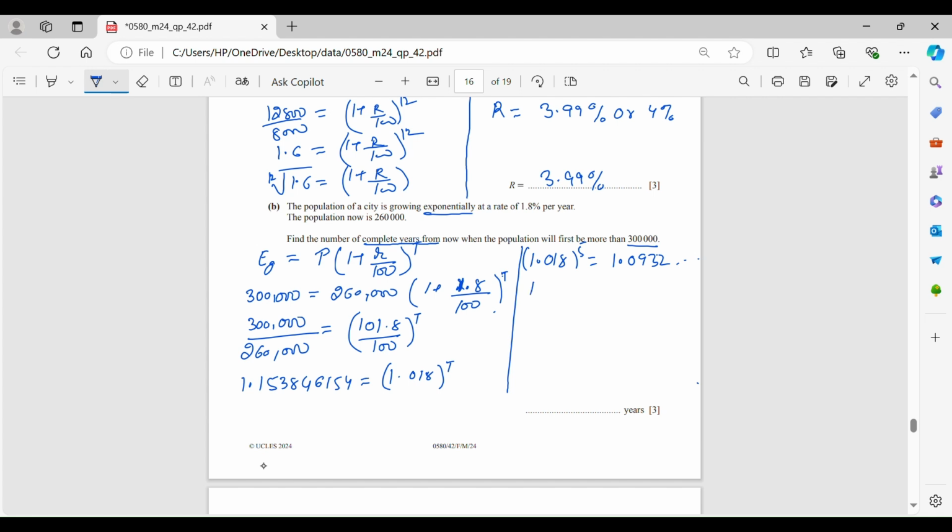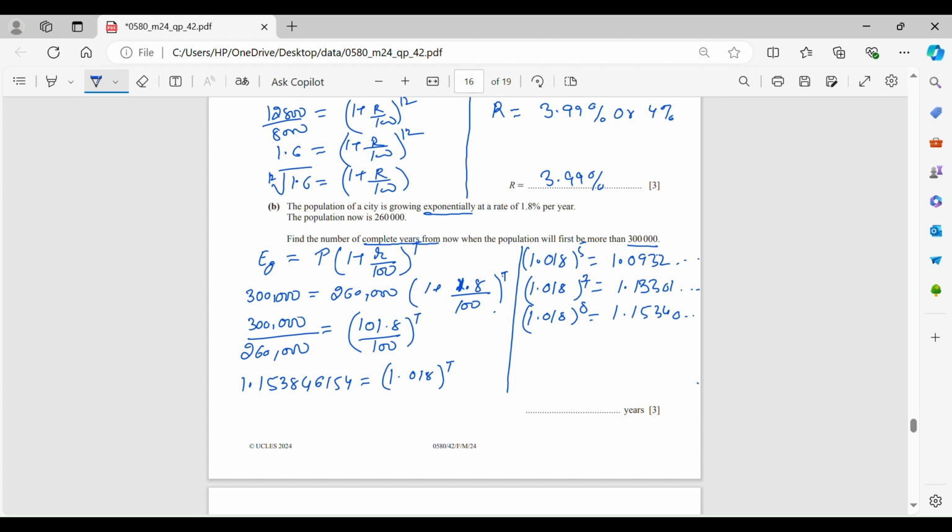I will go for 7. It will be equal to 1.1331 like that. It is also below, so let's try 8. 8 will be 1.15340 something like that.